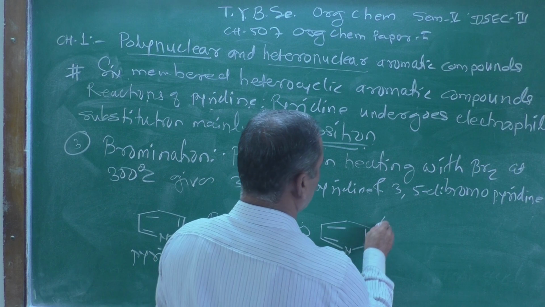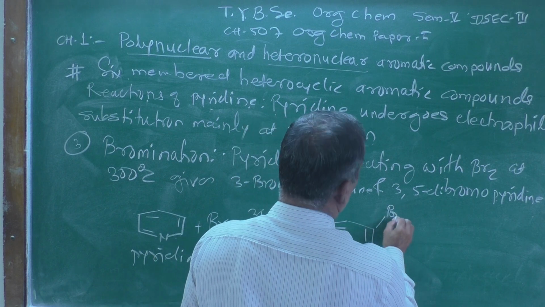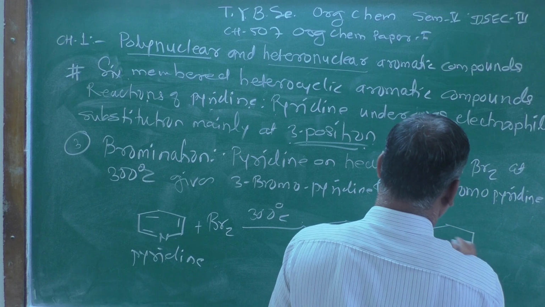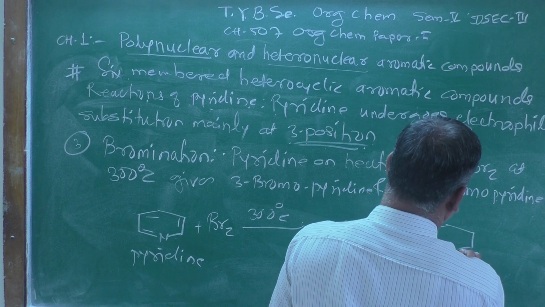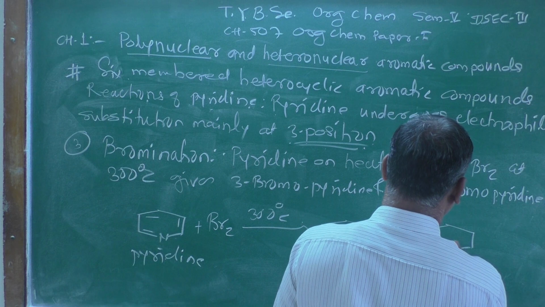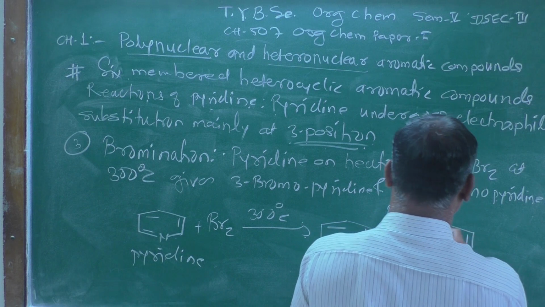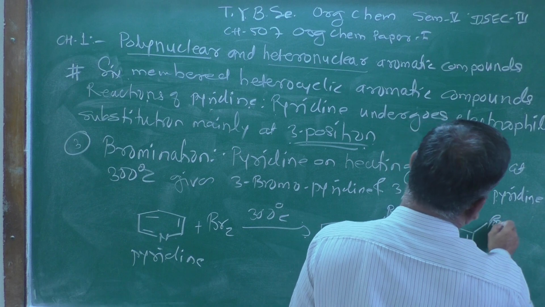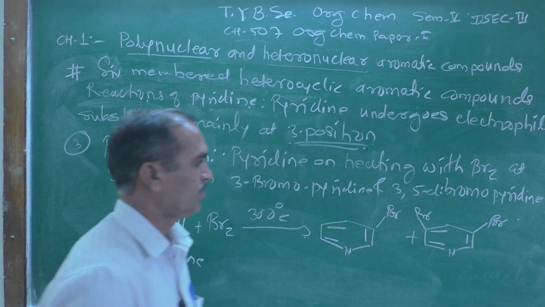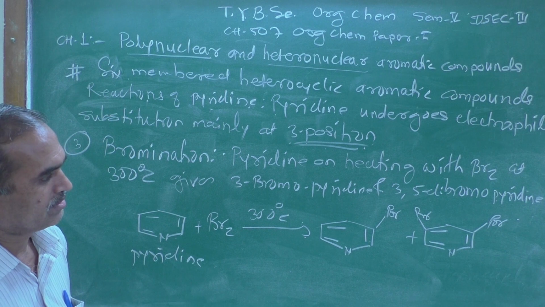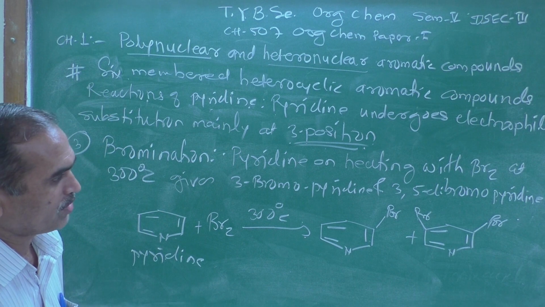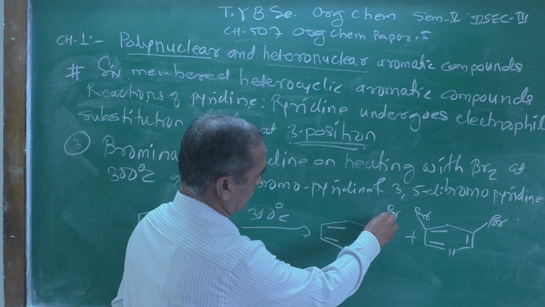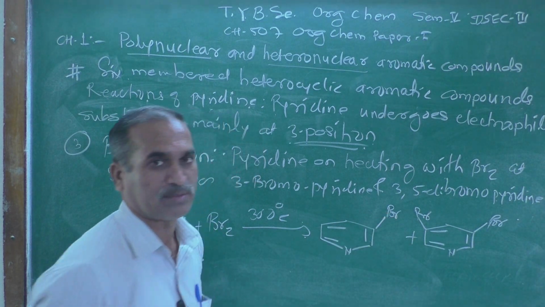You can see here one Br attached over here, as well as another product which we are getting here. Here is a bromine atom, and here also there is a bromine atom. Look here, a mixture of products is obtained. So do you know the IUPAC name of those compounds?